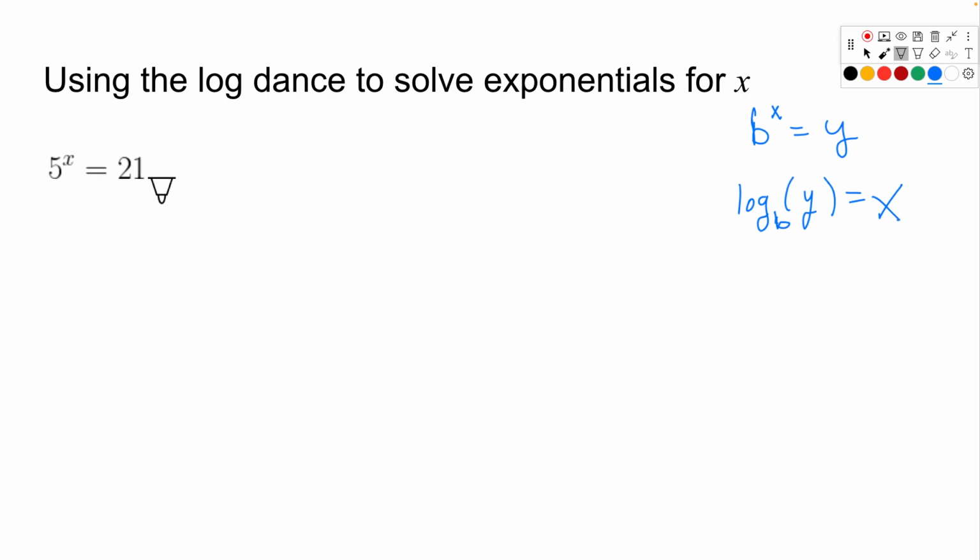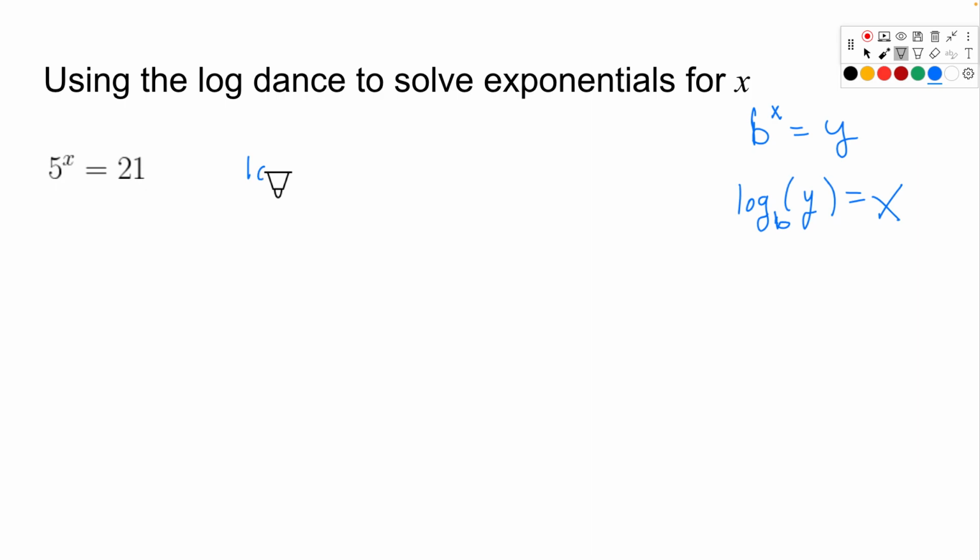Again, if this was 5 to the x equals 25, we would just take 25 as 5 squared and x equals 2. We see this is a little bit less, so we can at least get an estimate that x is going to be close to 2, but a little bit less than 2. And we can get this through what we call the log dance.